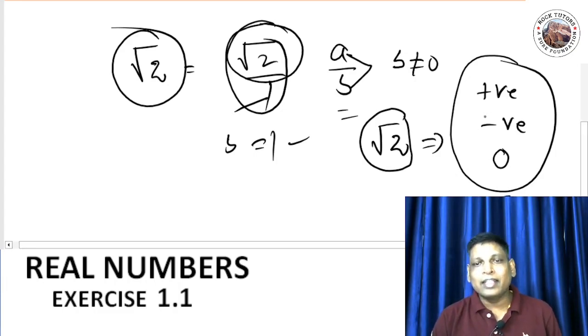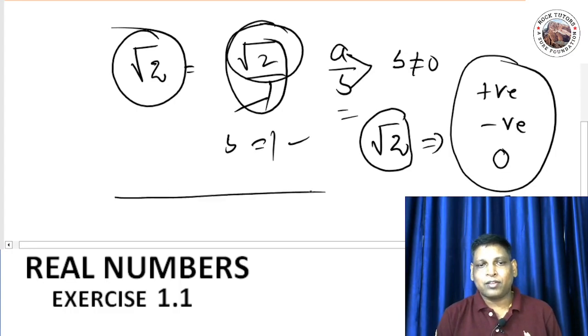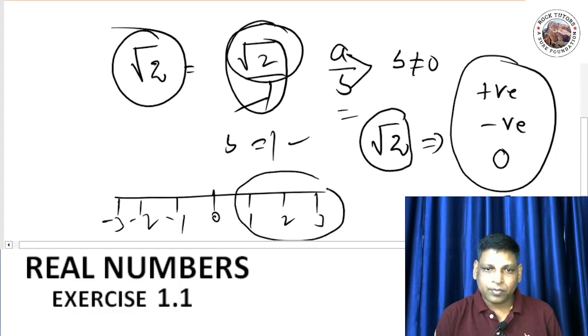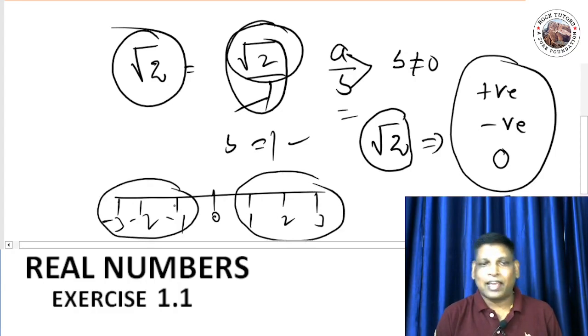So in the integers, you know the number line, okay? If I take the integers 0, 1, 2, 3 and -1, -2 and -3, you can see that there is no root values. That's why root 2 does not come under integers.